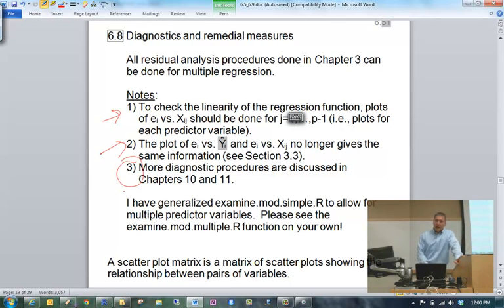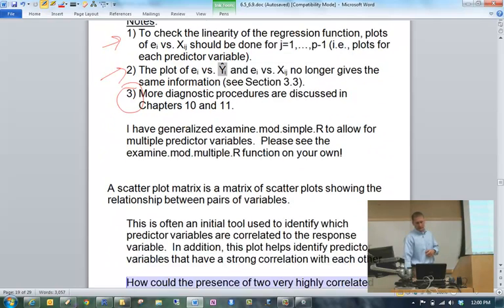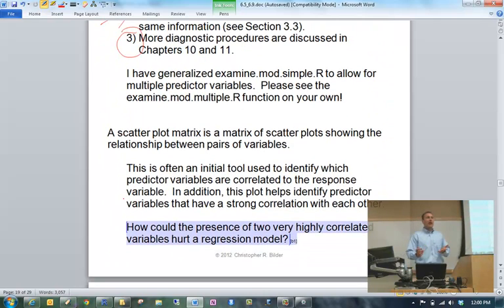This is the second time overall that we're going to look at diagnostic and remedial measures with a regression model. We will finalize how we actually do this in chapters 10 and 11. So we will have a third time coming up. To help you out, I have written a function for you, just like in chapter 3.